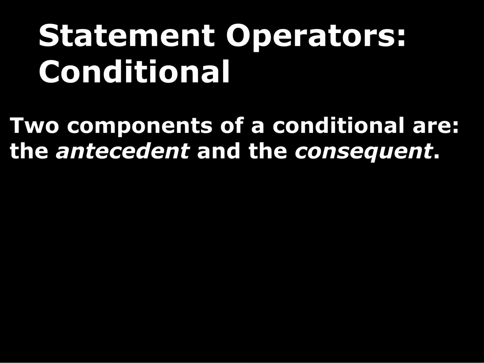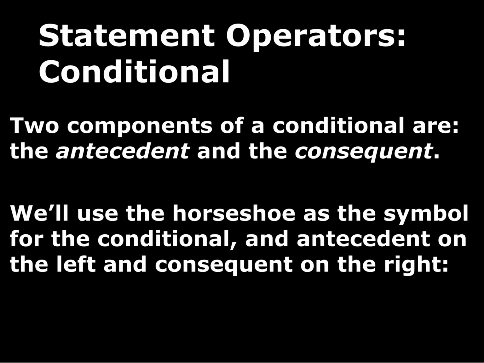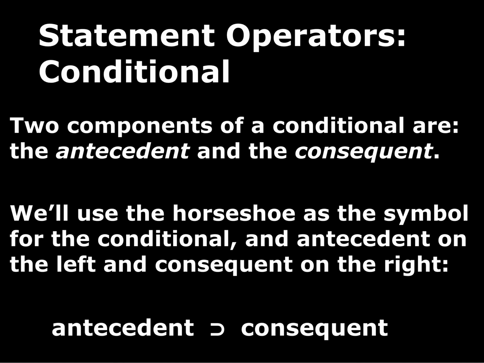So we're going to call the two components the antecedent and the consequent, and we're going to use the horseshoe as our symbol for the conditional. And in our formal notation, the antecedent is always going to go on the left and the consequent's always going to go on the right. So in our formal notation, it's always going to look like this. Antecedent on the left, horseshoe, consequent on the right.